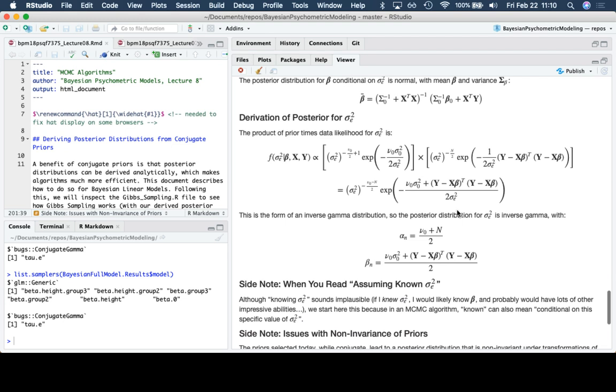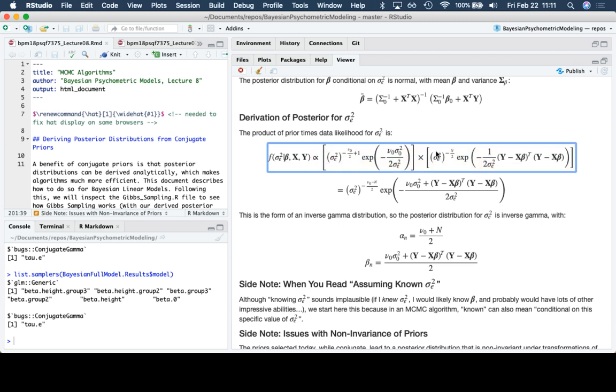How about sigma squared? We can do the same thing. Here's our likelihood when we rearrange terms, and we drop the terms that are constants or otherwise don't matter. Actually, this is the product of likelihood times prior right here.